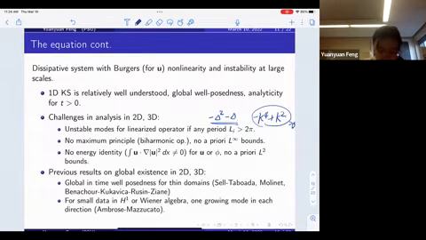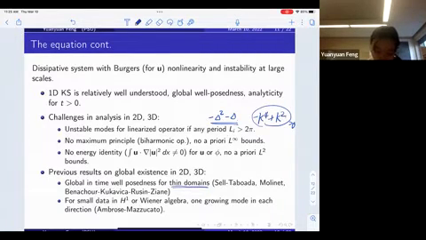There are some previous results on the global existence in 2D or 3D, like global in time well-posedness for thin domains, which is obtained by Cell Tabado, Taboda, Molinate, Benekar, Kuka, Russian, Zeni.